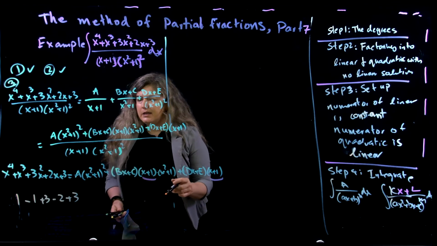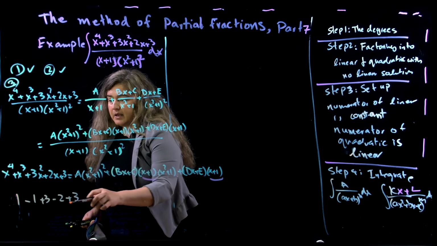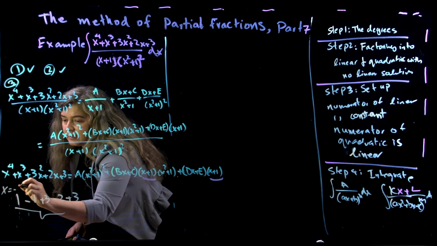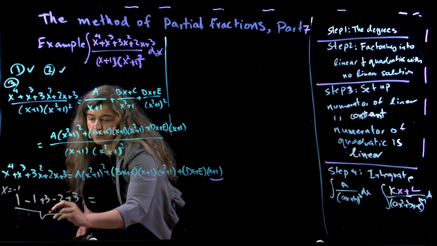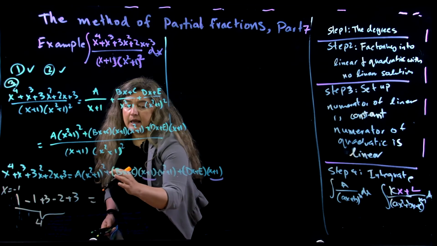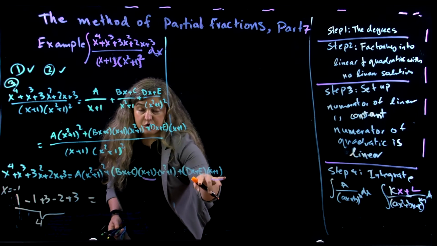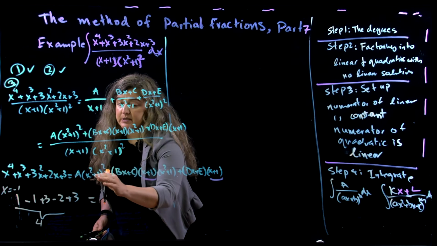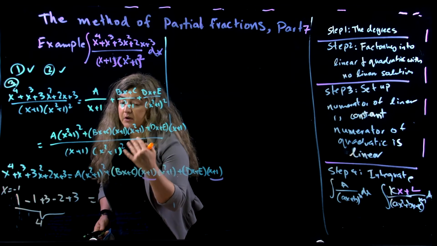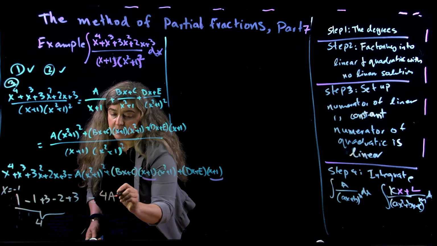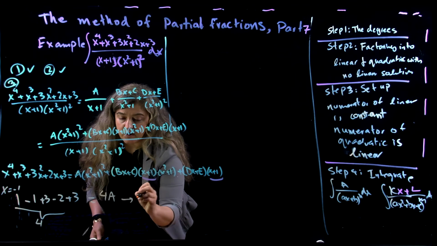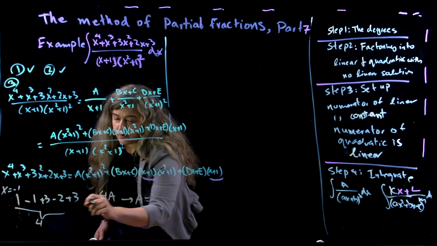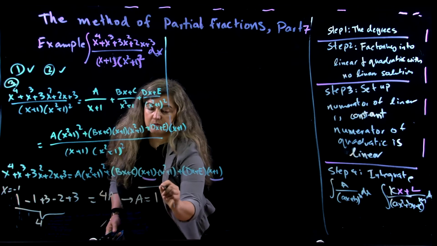And so by plugging in x equal to -1, I get 4 on this side, and on the right side the two terms will be 0, and -1 squared is 1 plus 1, squared, 4. I get 4a on the right side. So I can solve that a is equal to 1, because 4 equals 4a.